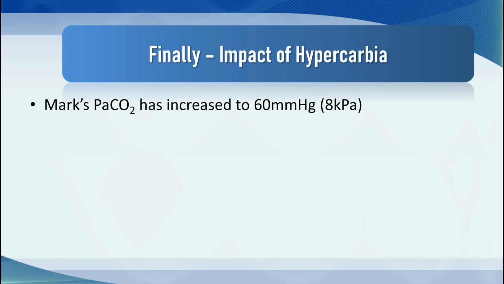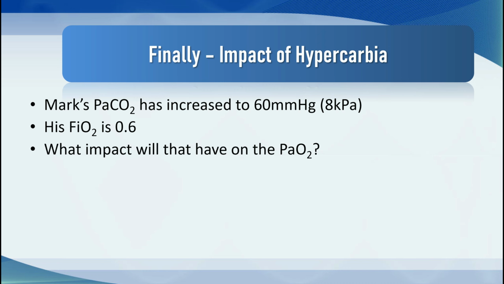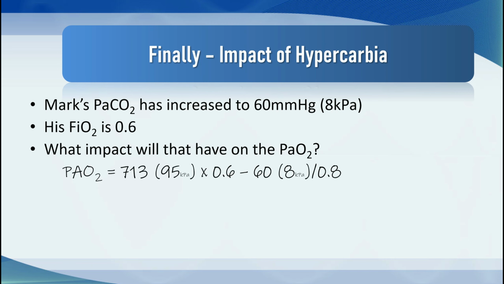Imagine if Mark's PaCO2 increased to 60 millimeters of mercury or 8 kilopascals. His FiO2 is still the same, 0.6. What impact would this have on his arterial PO2? Let's recalculate the alveolar gas equation.